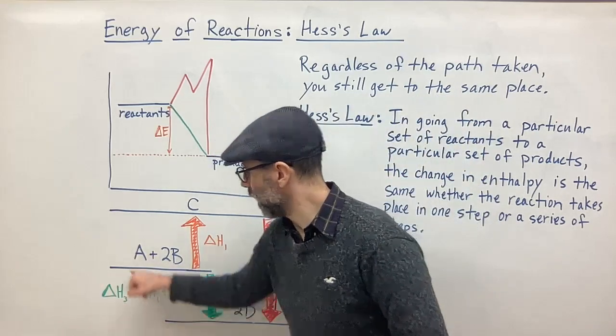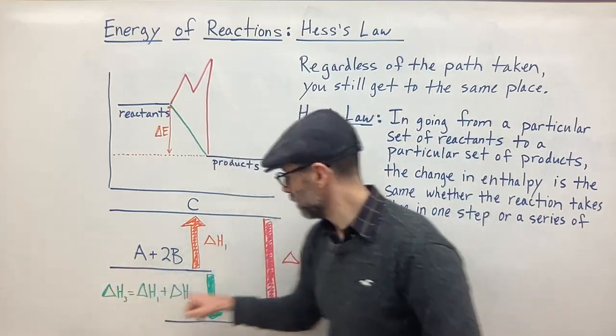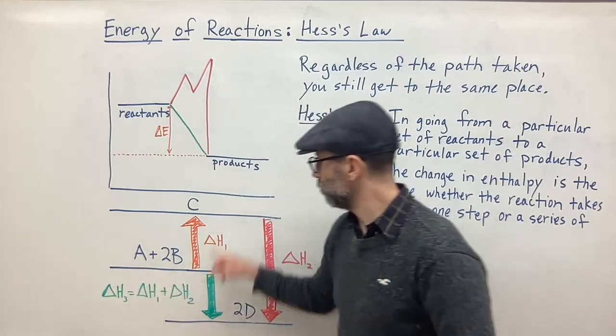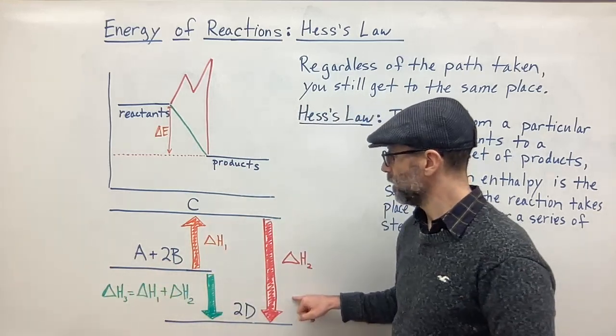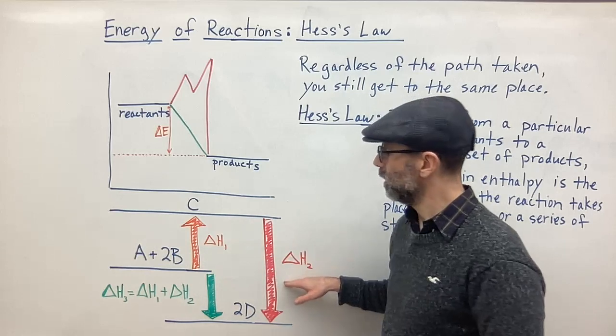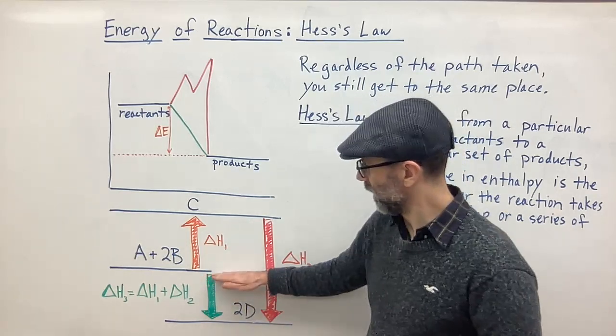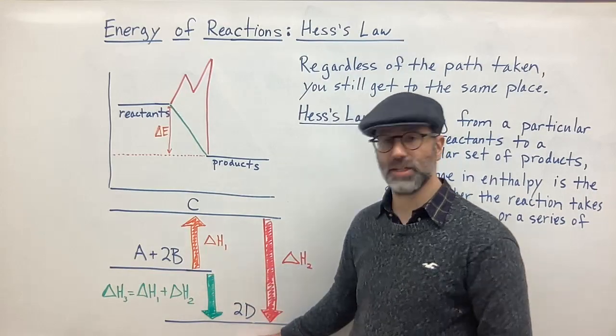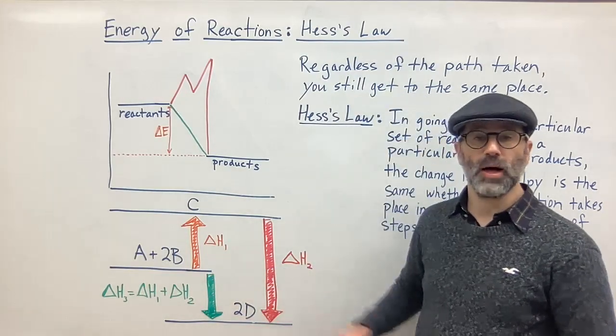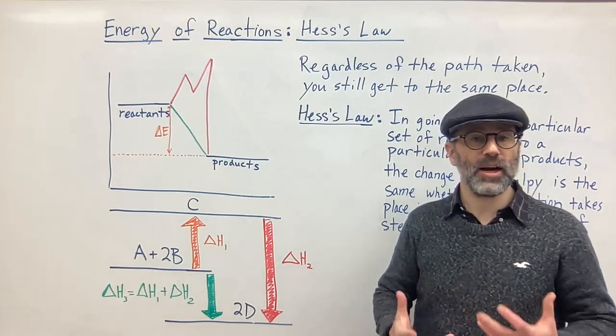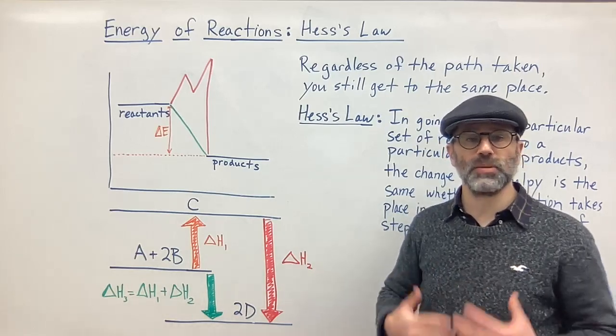So delta H3, this part, is equal to this part plus this part. So if I add the steps together, I should get the same amount of energy difference between A plus 2B and 2D. So I hope this is clear, and I'm going to be going over some examples.